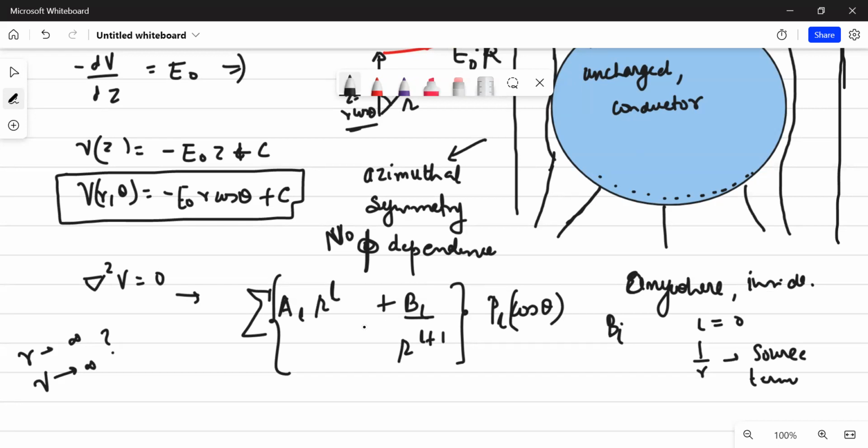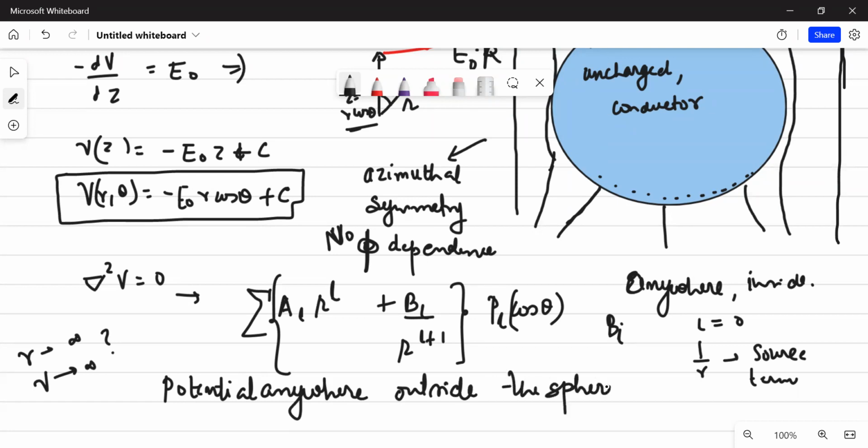The first thing that we should be able to find is the potential anywhere outside the sphere. This is what we are interested in right now. So how can we write that particular expression for the potential anywhere outside the sphere? Understand, things are not as easy as they seem. Is that clear?